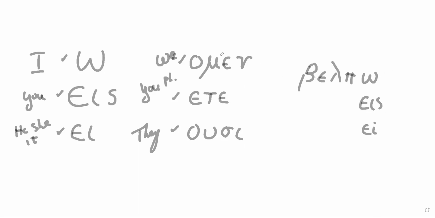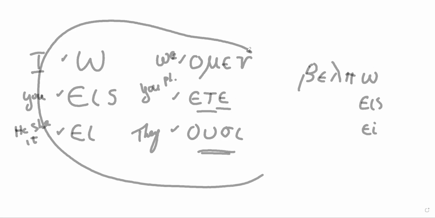And if you want to go into the plural, you would put the amen for we, eta for you plural, and usi at the end. So really, the Greek becomes very easy in the sense that if you know these four things here, then you can pretty much take any verb and put the endings on it, and you're good to go.